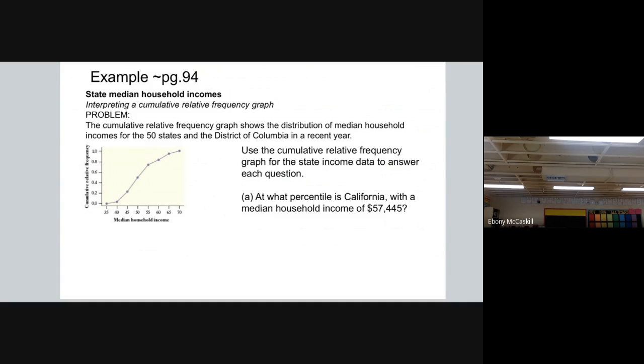The cumulative relative frequency graph shows the distribution of median household incomes for the 50 states and the District of Columbia in a recent year. Use the cumulative relative frequency graph for the state income data to answer each question. At what percentile is California with a median household income of $57,445?